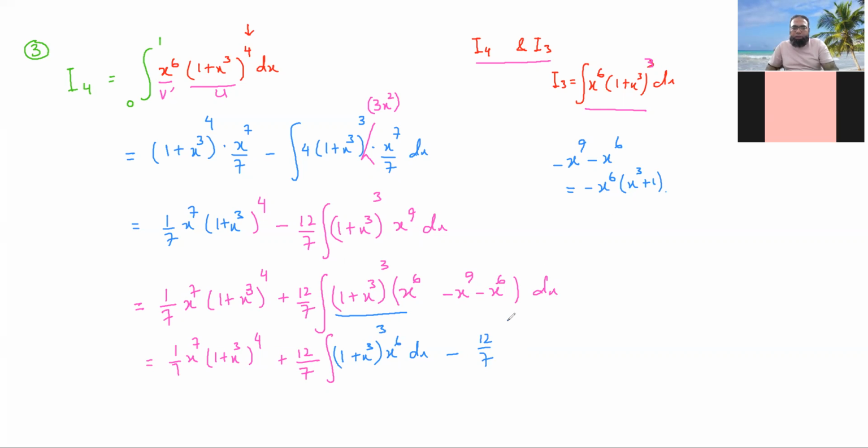And let me skip some steps here. You have this. So let me write it down just for once. This is 1 plus x cubed into x raised to the power 6. There is a power 3 and there is a power 1. Can I write the power 4 over here?